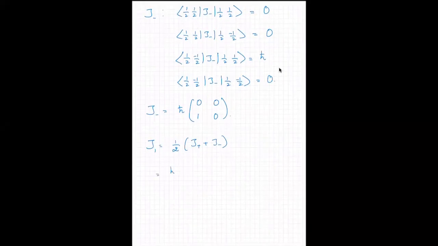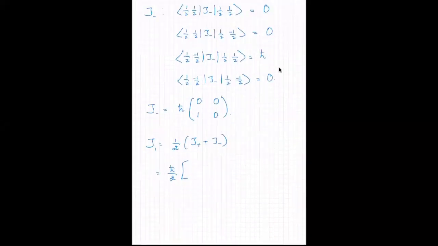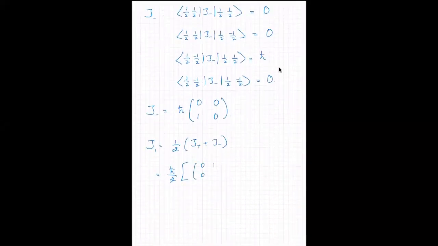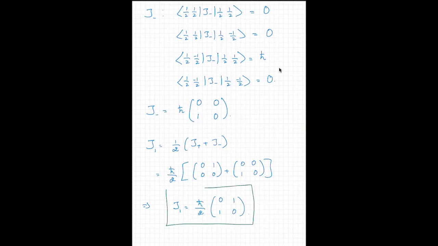So this is H bar over 2 times J plus, which has a 1 in the 1, 2 element, and J minus, which has a 1 here. So this tells me that J1 equals H bar over 2 times the addition of these gives me 0, 1, 1, 0. Okay. So for people who know the Pauli matrices, a familiar form should be emerging.